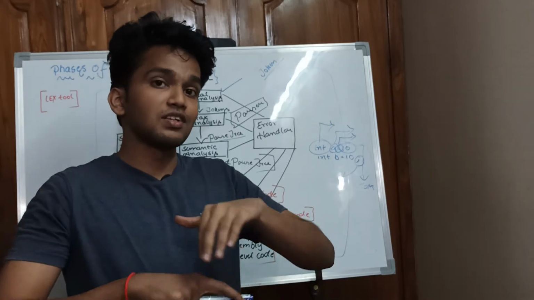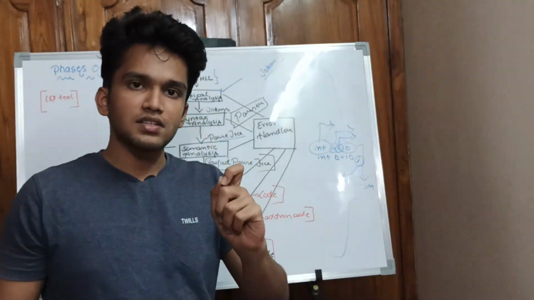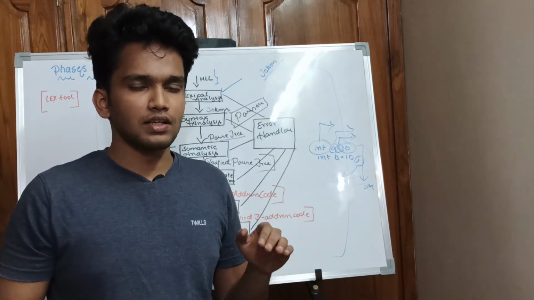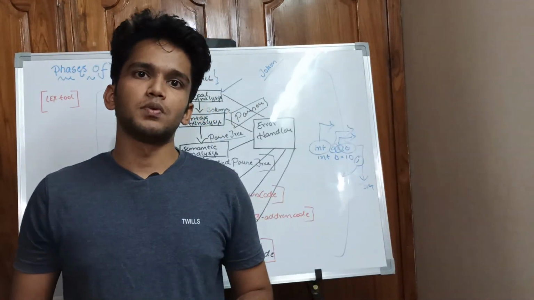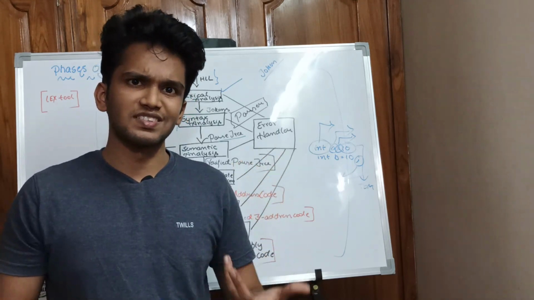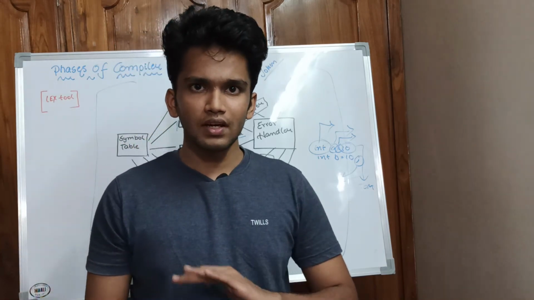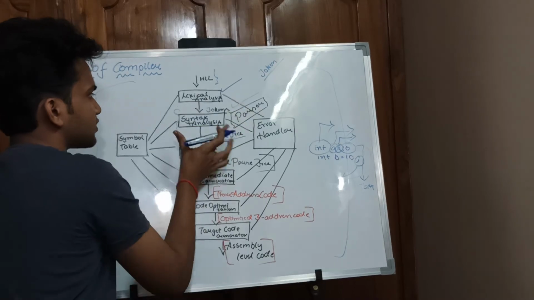Or else, if there is no possibility of deriving a parse tree for a particular token or lexeme, then it gives a syntax error. Remember this point, right? Now this is the second phase of the compiler.